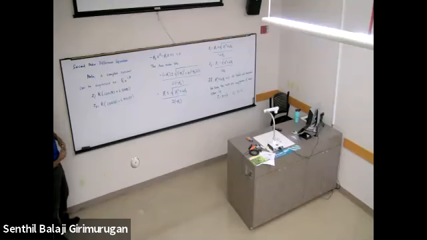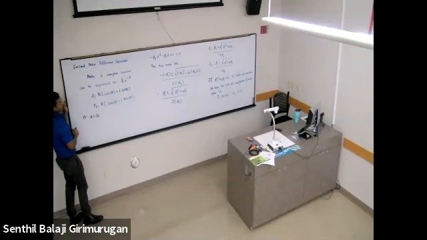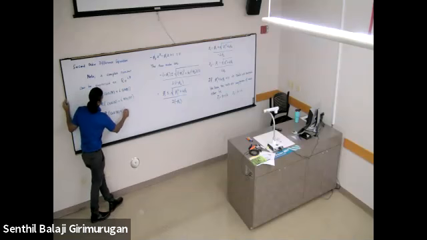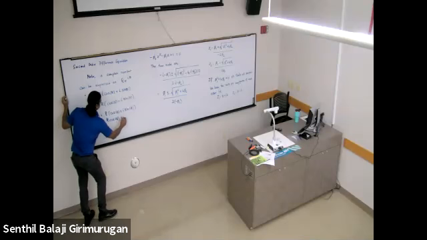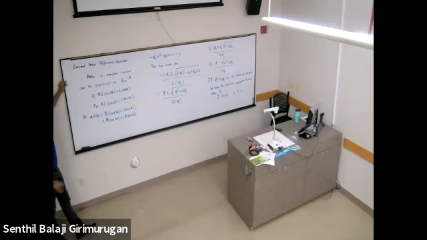If I equate them to each other, I'll have a plus ib equals r times cosine theta plus i multiplied by r times sine theta. Distributing the r, that's what I'll get.